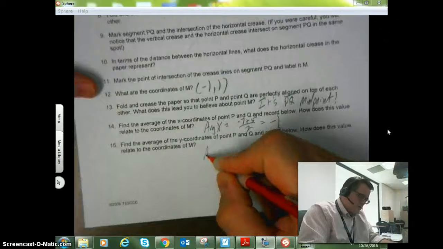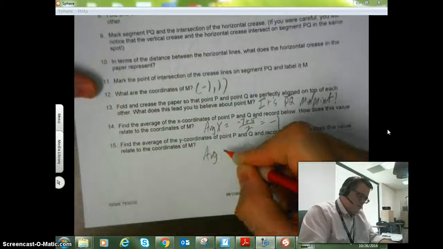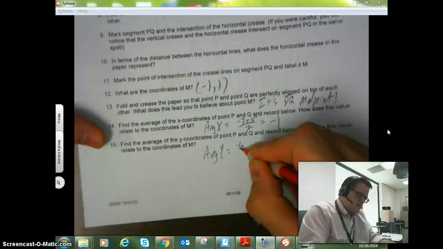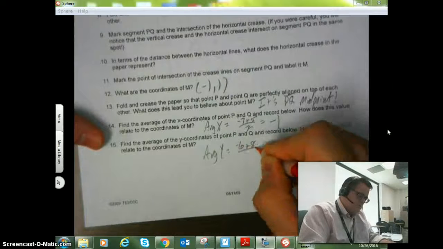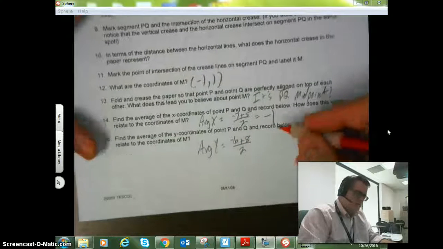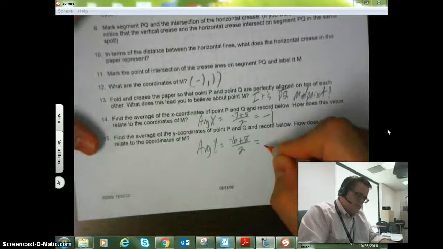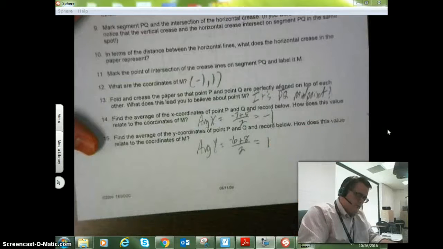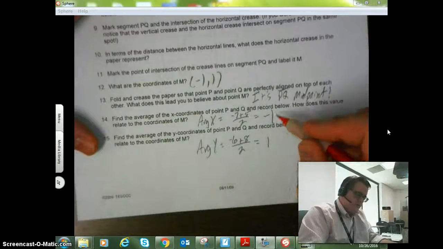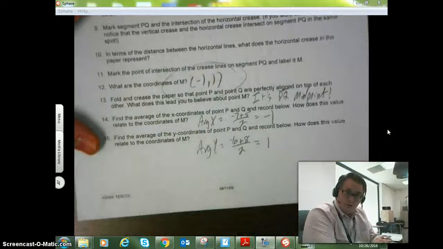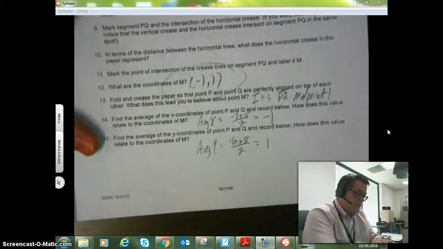Find the average of the y coordinates. So the average of the y coordinates, do the same thing now. So I'm going to say -6 plus 8 over 2, because I'm taking the average of two numbers. Well, -6 plus 8 is +2, and 2 over 2 is a 1. Well, those numbers just happen to coincide with the coordinate that we found for our midpoint when we folded the patty paper.